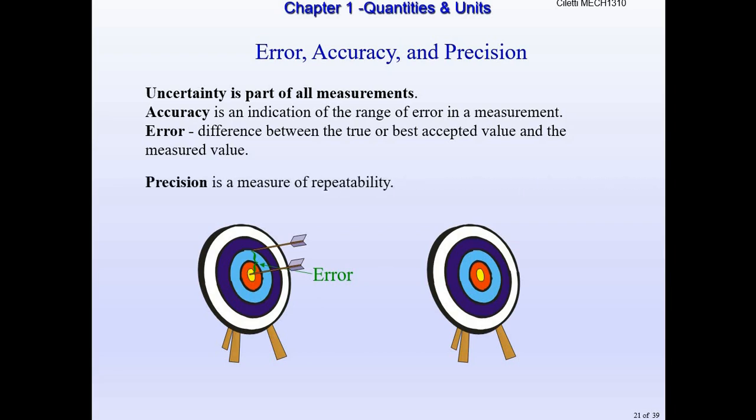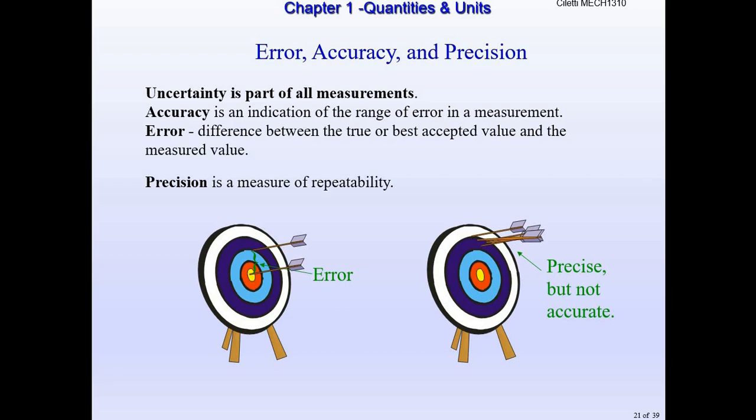Precision is a measure of repeatability. So being precise isn't always a good thing. Here's why. If we look at the second target, those arrows are all very, very precise. But they are all very precisely what? Wrong.